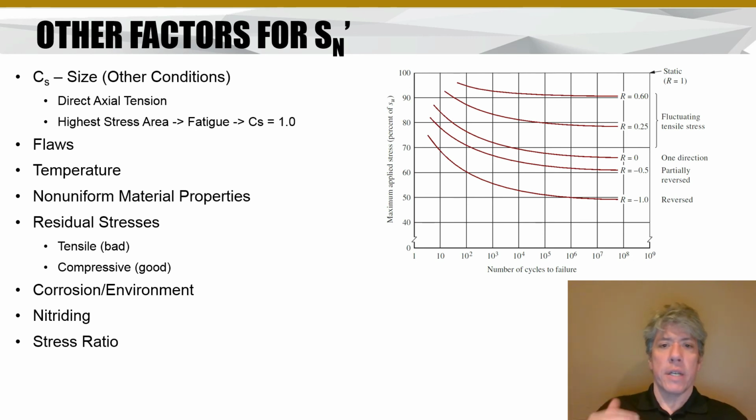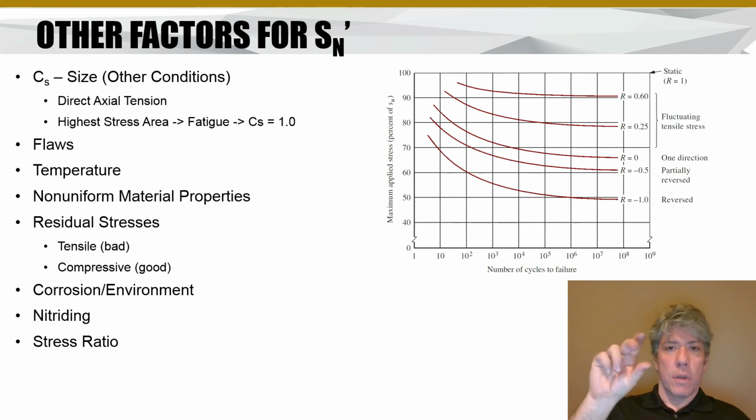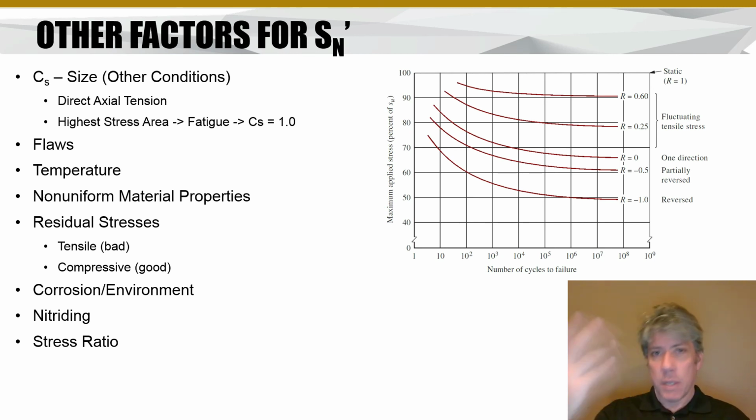It's not fully reversed, it's just partially reversed. But the worst case scenario, where we have to derate the strength of the material the most, is where we get to that fully reversed stress. And you might say, well, okay, all this makes sense, but I remember that those fluctuating stresses went down farther, right? We eventually got to a point where we went past the fluctuating stress, where the maximum stress was a positive number and the minimum stress was the absolute value, was the same value as the maximum stress. We went further down than that.